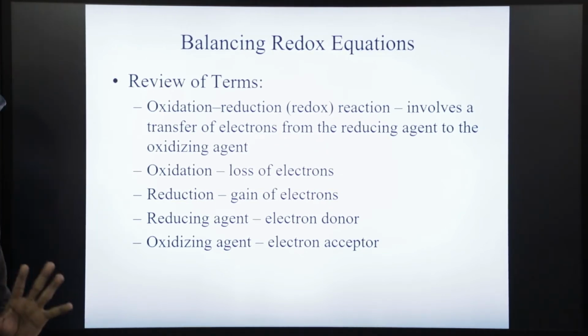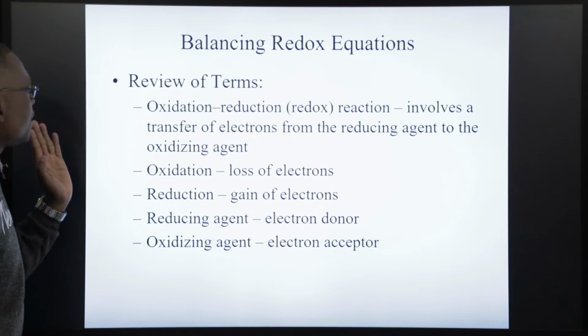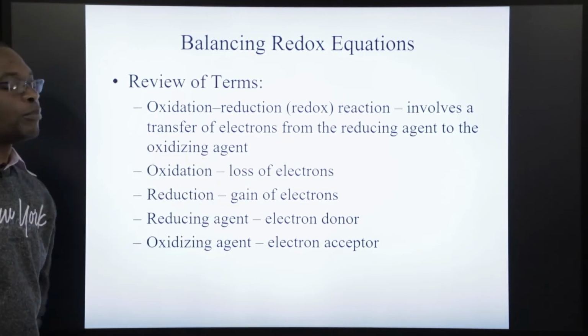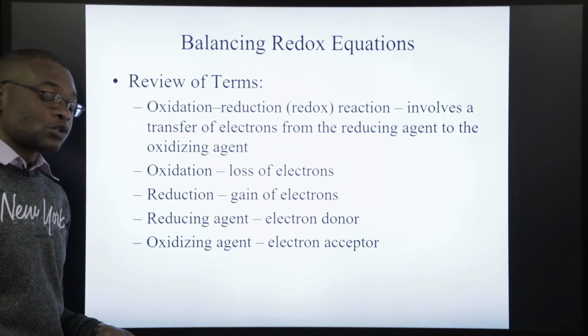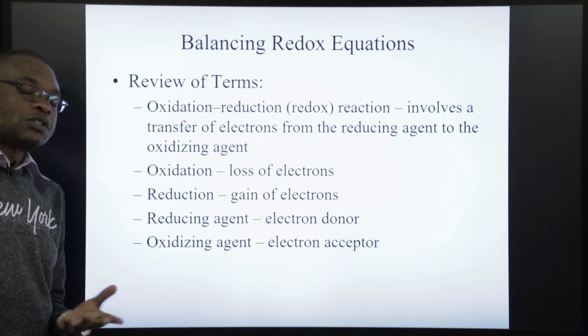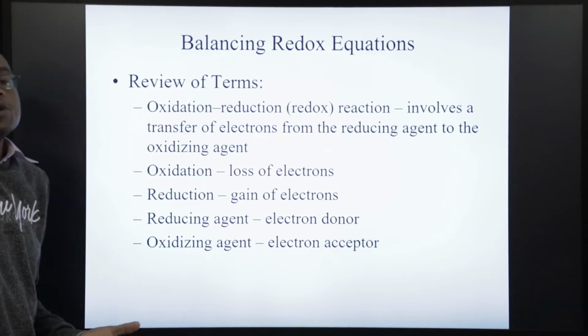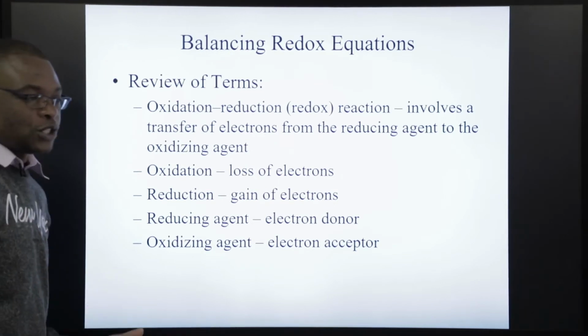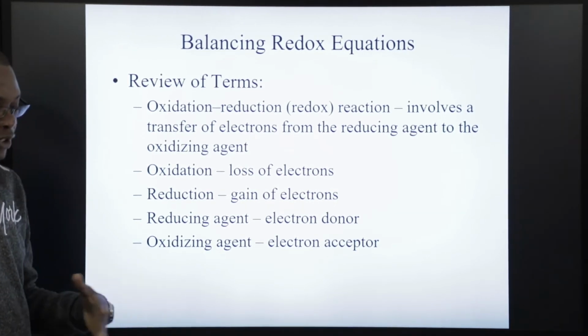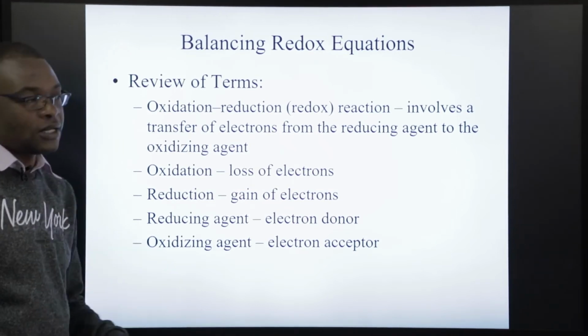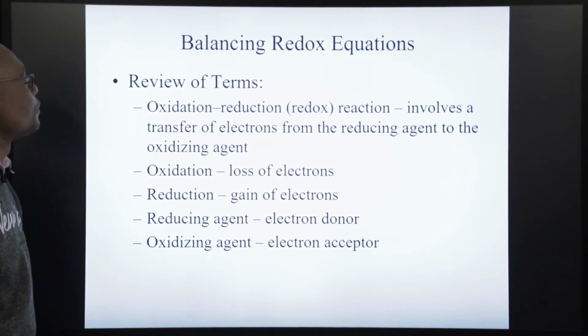So let's make a quick review of what we are talking about. Oxidation and reduction put together give you redox reactions. It involves transfer of electrons from the reducing agent to the oxidizing agent. So in an exam, they can ask you to define the following terms: a reducing agent or an oxidizing agent, which is the opposite of the oxidant or the reductant on its own.